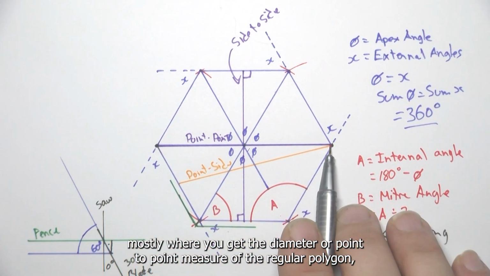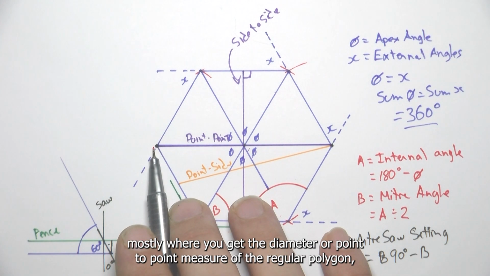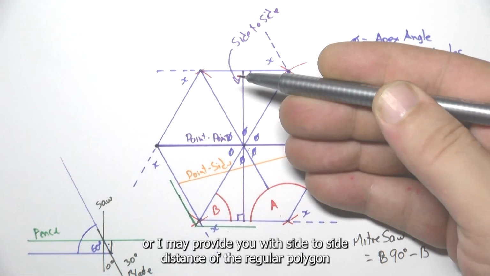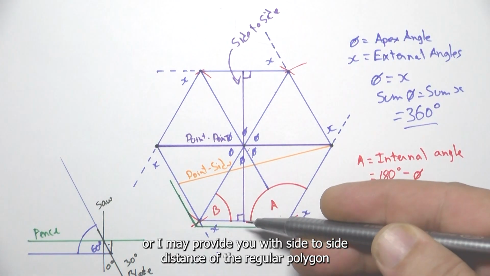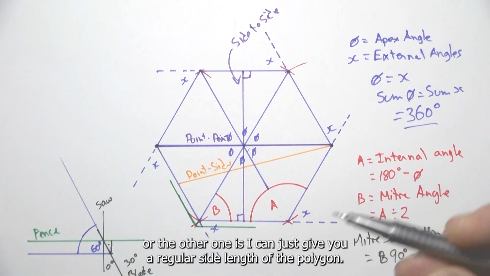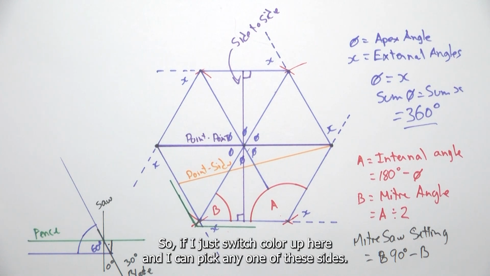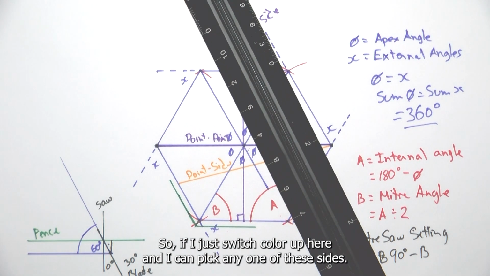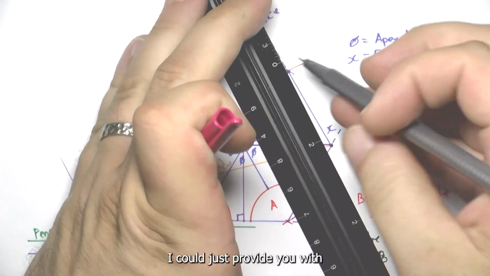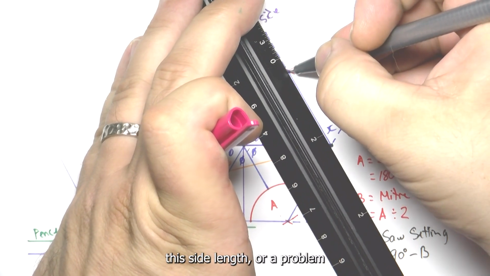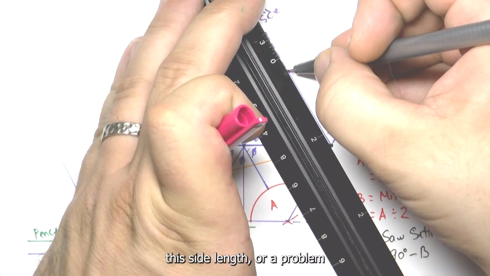Mostly we're going to be giving the diameter or a point to point measure of the regular polygon, or I may provide you a side to side distance of the regular polygon, or the other one is I can just give you a regular side length of the polygon. So if I just switch color up here, I can pick any one of these sides, I could just provide you with this side length, right?